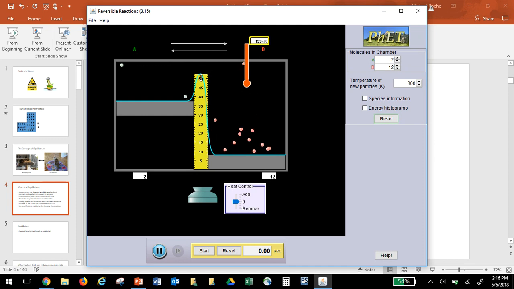So here we can see that this will maintain sort of a same ratio. It's not the same things that are staying over here and the same things that are staying over there. But because the activation energy is so low for something to become a product and so high for a product to go back to be a reactant, the ratio stays pretty much one-sided, where you have more products than reactants.